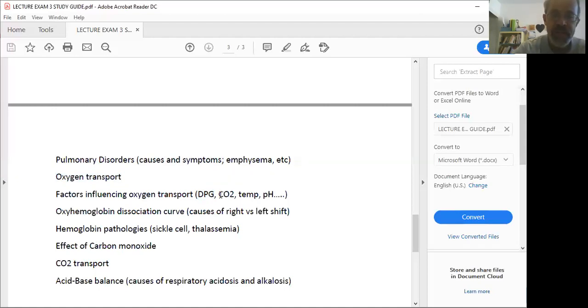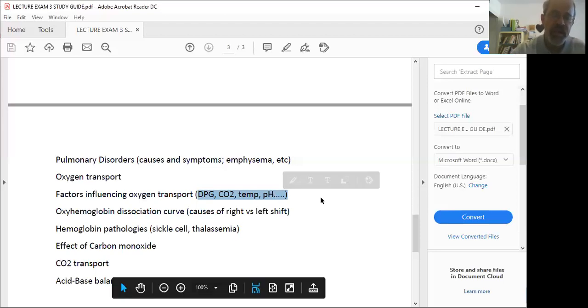We have elevated CO2, elevated temperature, and low pH. All of these contribute to a decrease in affinity, which will cause a right shift, the Bohr effect. And then we have an increase in affinity, a left shift, called the Haldane effect, which occurs at the lungs. This is the opposite of these conditions: low DPG, low CO2, low temperature, high pH.